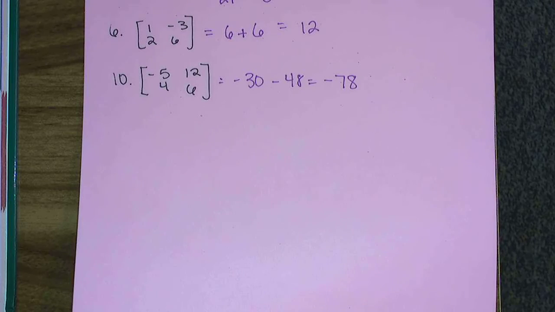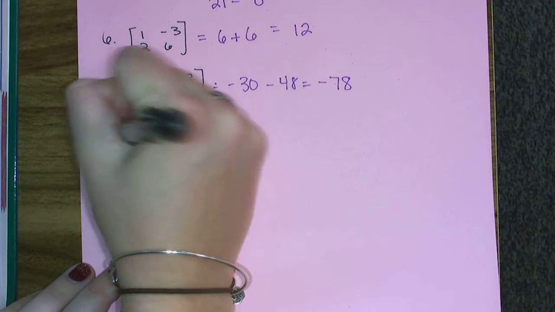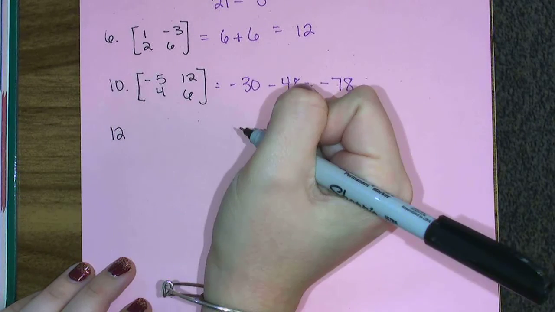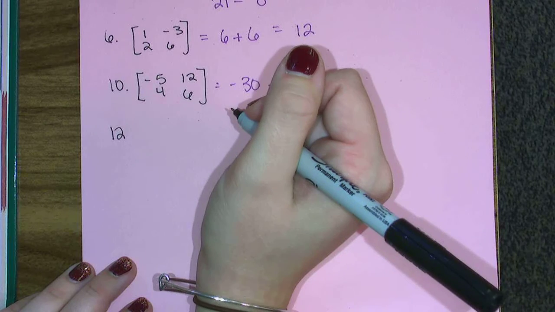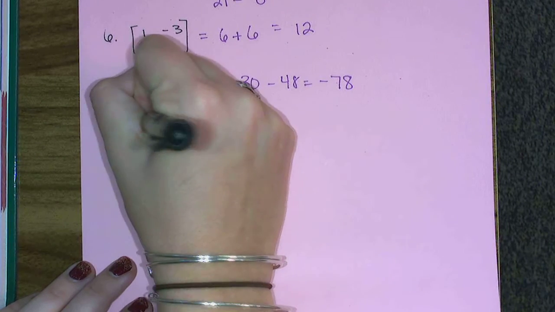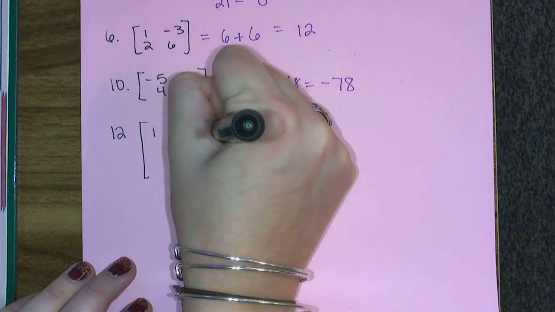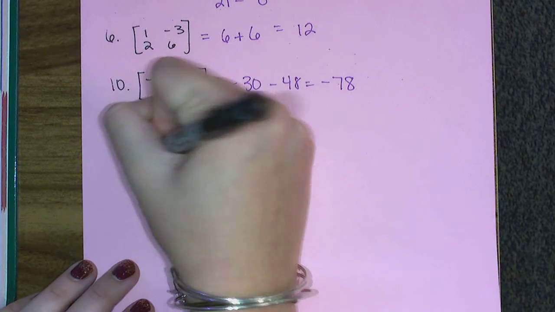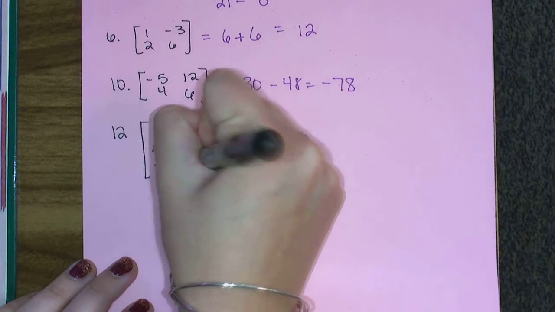3 by 3. Alright, 1, 2, 3, 5, negative 8, 1, 2, 4, 3.